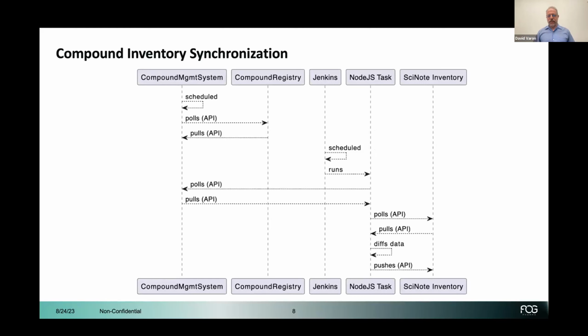So here's a sequence diagram of the compound inventory synchronization. There's a compound management system, which is a third-party package. Our compound management department synthesizes peptides and stores them, and then dispenses them to scientists performing assays. We have a separate system for registering those compounds at the virtual level and the batch level. At the time this integration was implemented, we were using Jenkins for most of our job automation.